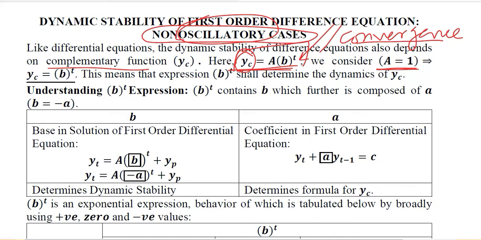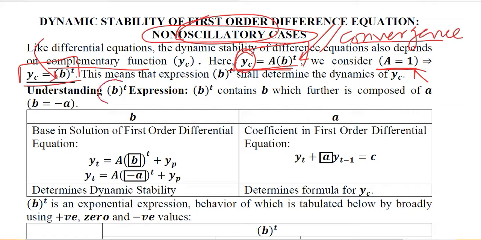But right now we are considering a equal to 1 for the sake of ease, because if we put a as 1, then the complementary function reduces to this term, which is easier to interpret and is free of a. So this will enable us to observe the effect of b, and will keep a silent.